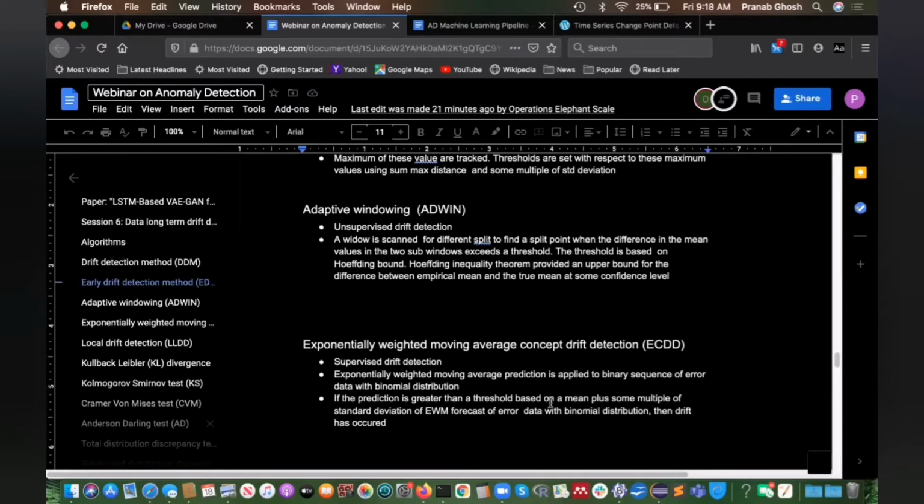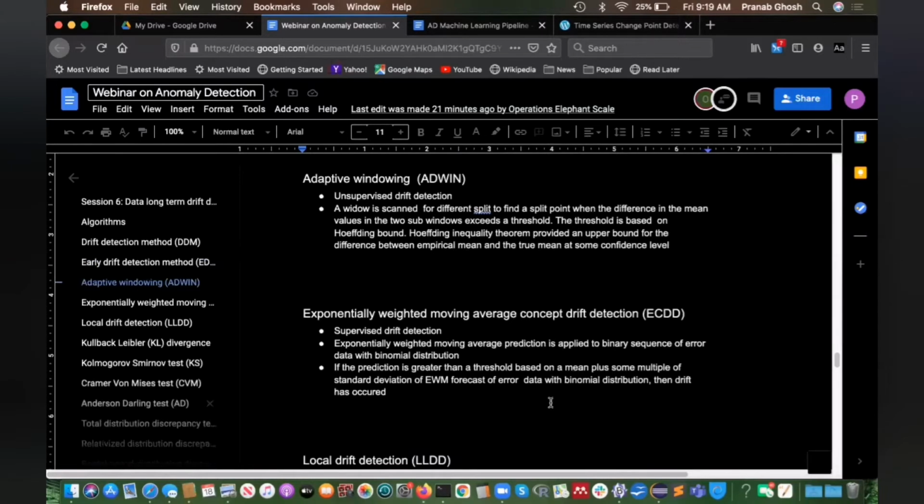So you take the mean of the 2 sub windows. And based on something called the Hoeffding bound, you detect whether there is a significant difference between the 2 mean values, and then based on that you decide whether there is drift or not.